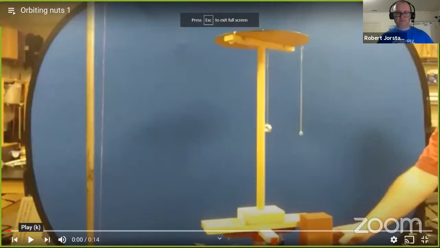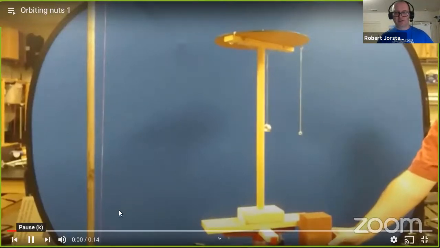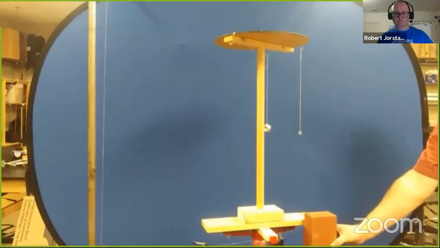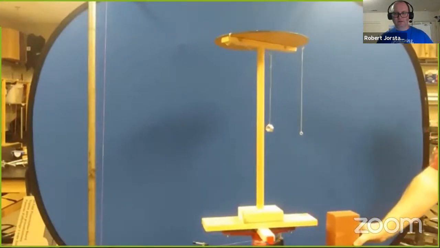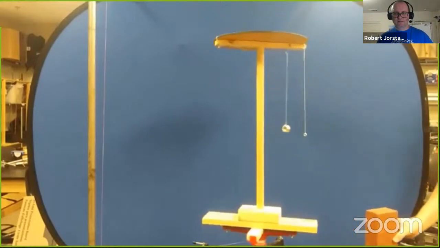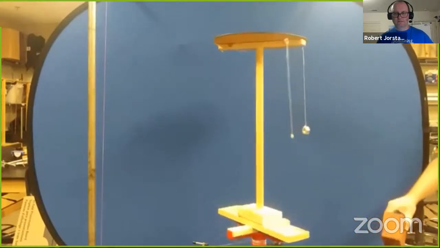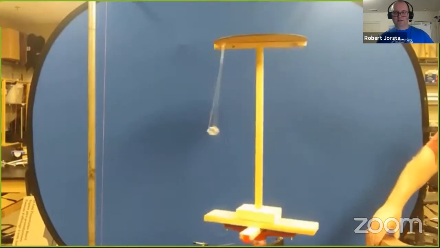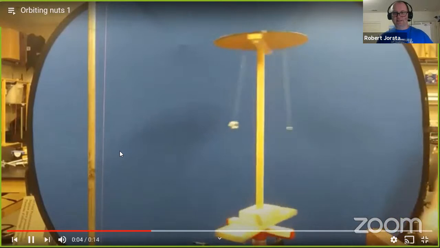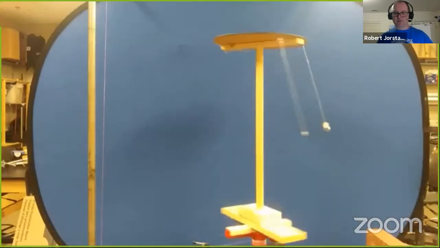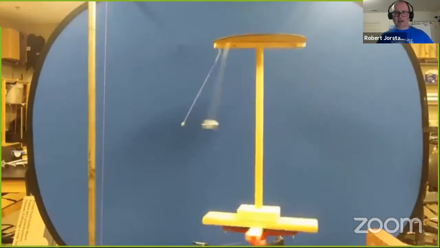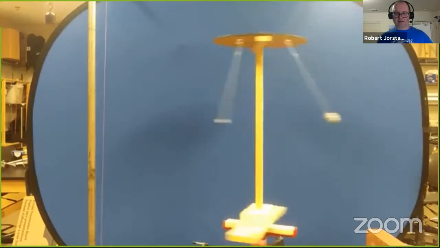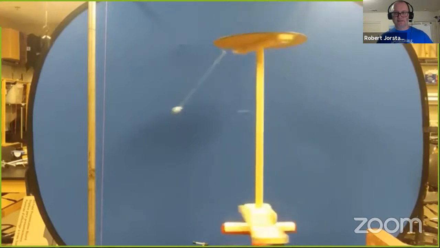Here we go. Quarter speed. So notice one of those nuts is really, really tiny, and one of those nuts is big. But look at the angles. They're both tied to the outer, they're at the same radius. What do you notice about the angles every time it goes around?